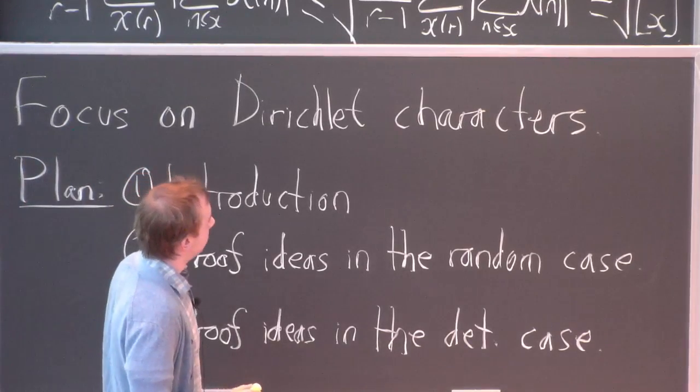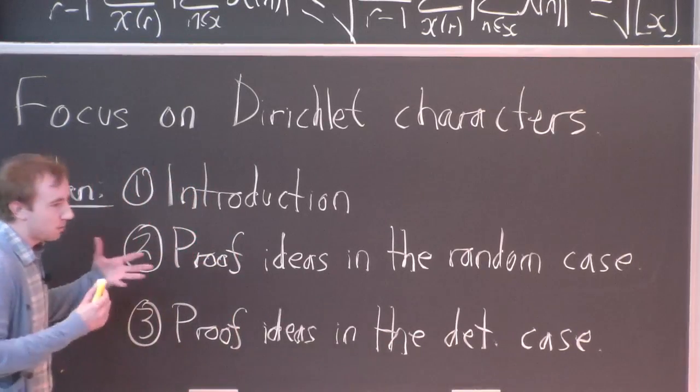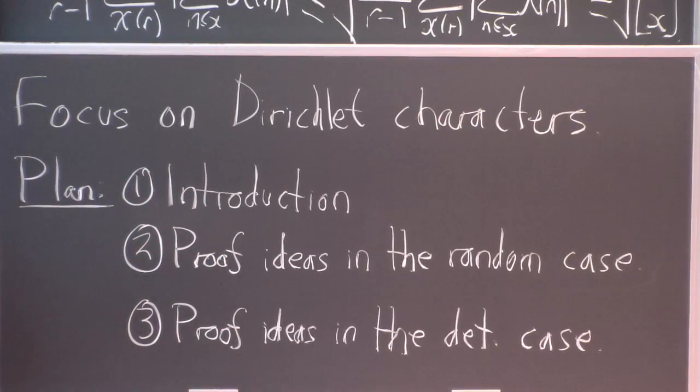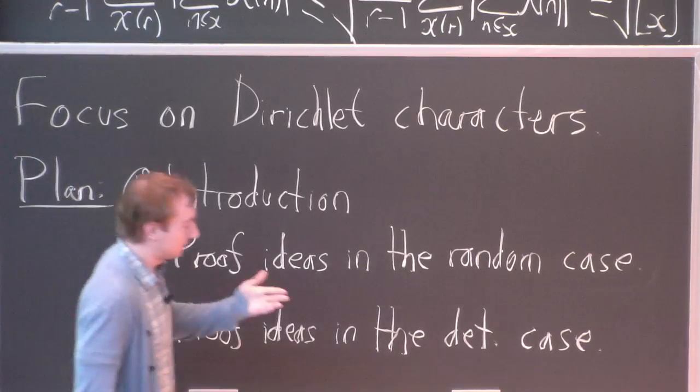Okay. So what I'm going to do now is I'm going to hedge my bet a little bit. So first of all, I'm going to give some reasons why you might think that that should be sharp. And then I'm going to give some reasons why you might think it's not. And then I'll state some theorems.